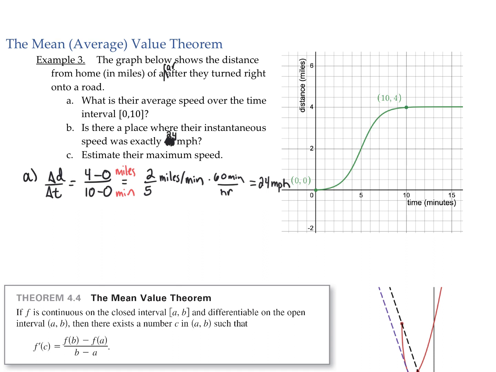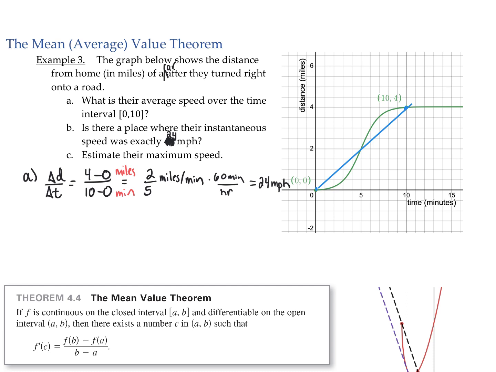Yeah, we're going to go ahead and change this to 24 because I wanted to illustrate the actual theorem of the mean value theorem and not something else. What I'm going to do is draw a line segment between the two endpoints, and we know that that line segment has a slope of 24 miles per hour, or really 2/5 if we look at it in the units we originally had.